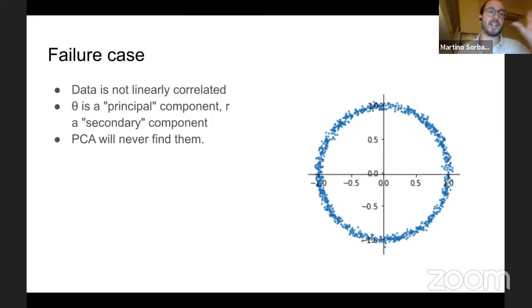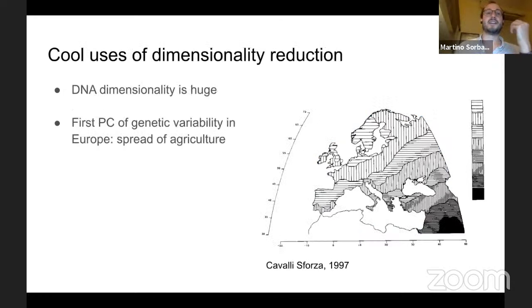I'm not an expert in genetics and in population genetics, disclaimer. But there's this really nice work from Cavalli Sforza already in the 90s, where they did PCA on some kind of genetics data in Europe. They looked at the first principal component, and then they mapped the value of that axis of the principal component on the map of Europe.